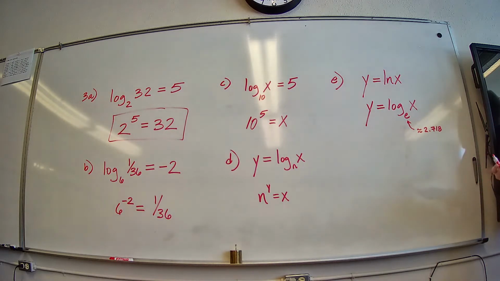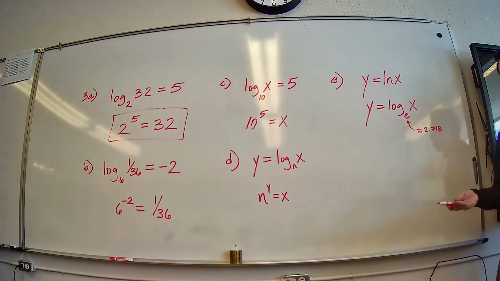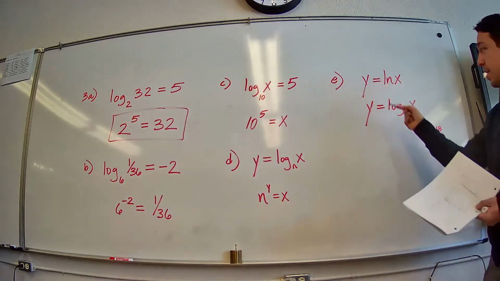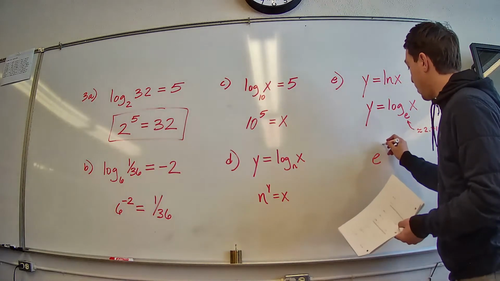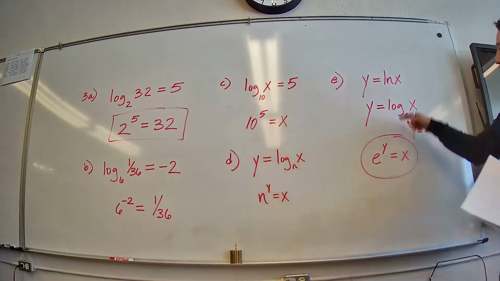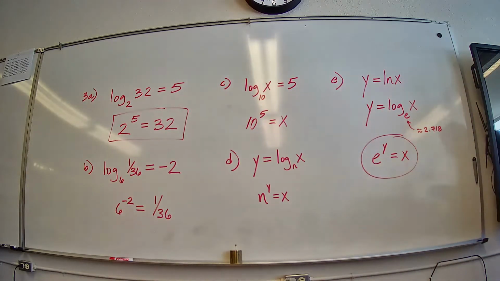That's really all you got to know about it, because anytime you're doing a calculation involving E, the computer will have it stored inside its permanent memory. So the important thing is not to be scared of it, not to think it's this mystical, crazy thing. It's just a number, just like pi. So if I rearrange it, e to the y power equals x is equivalent to this. Are we okay with that?